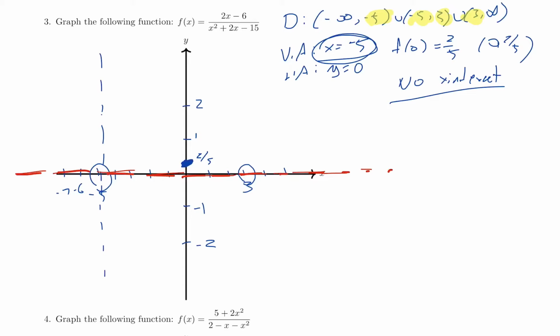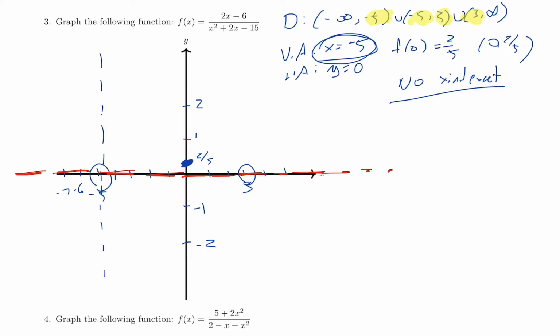Now, going back to the definition of vertical asymptote, as x approaches negative 5 from the right side, it should go to either positive infinity or negative infinity. Same on the left side. How do you figure that out? We just plug in some points.